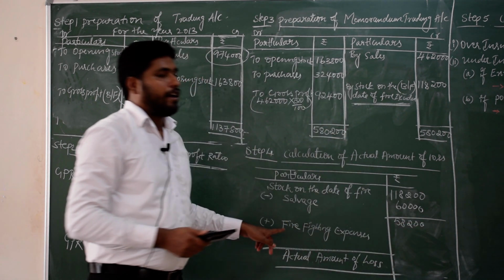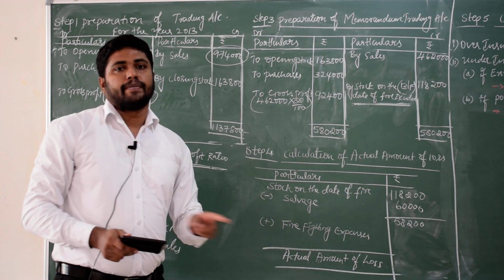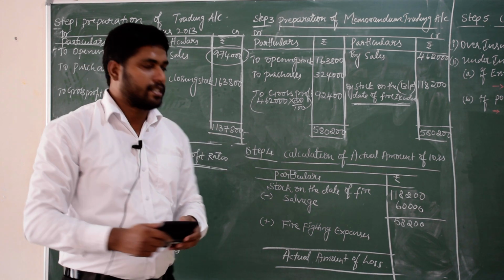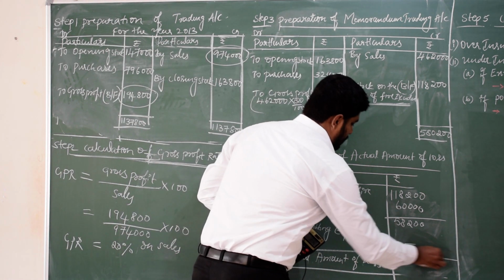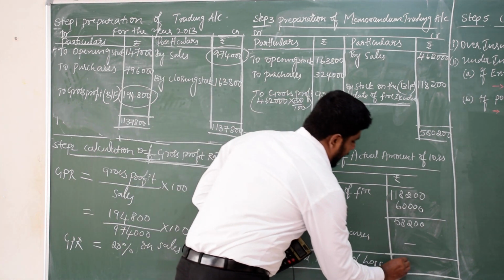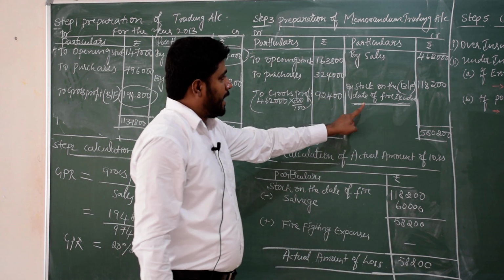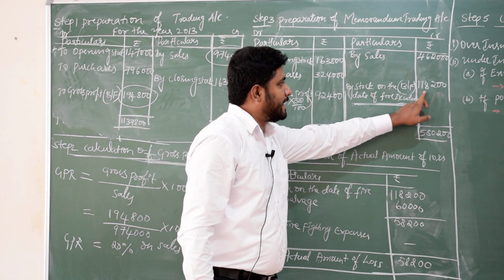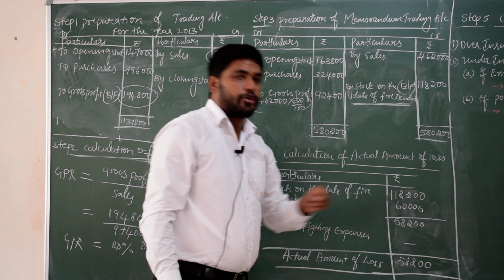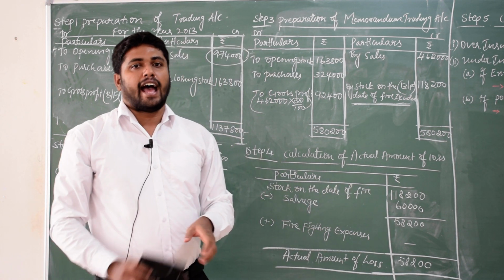Now add firefighting expenses if any. Firefighting expenses are the expenses incurred to extinguish the fire. In this problem there are no such expenses, so ignore. You will get actual amount of loss is 58,200. See here on the date of fire accident the value of stock is 1,18,200, but the actual amount of loss is 58,200, which means 60,000 worth of stock were saved from fire accident.